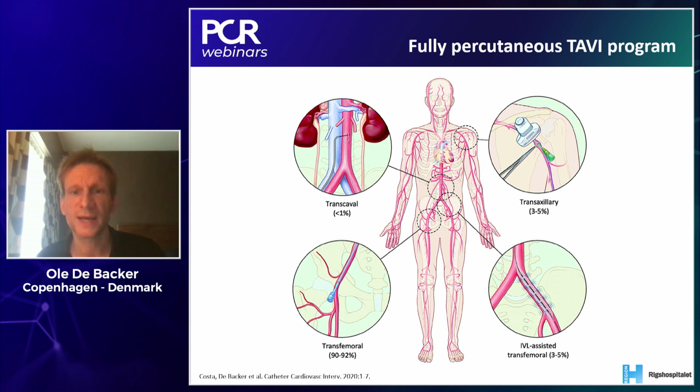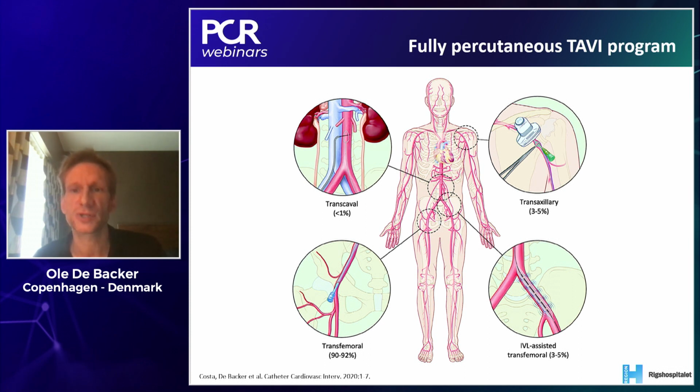So as you see, 90 to 94% typically, I would say nowadays, with the lower risk patients we're also treating, goes classical transfemoral. We can push these boundaries of the transfemoral approach really to 95, 96%, I would say, with PTA or intravascular lithotripsy-assisted transfemoral approach. And then these last 4-5% of patients, we have really difficulties going transfemoral.